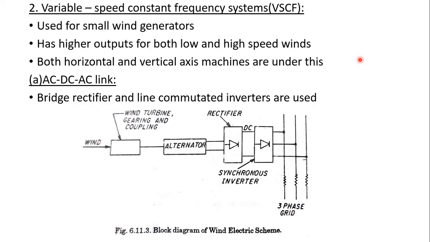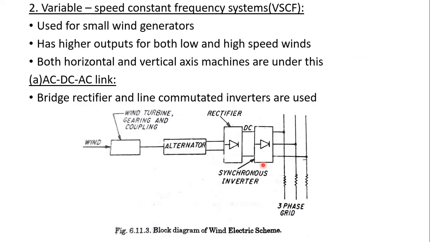The first one is the AC-DC-AC link. This is the block diagram of the AC-DC-AC link wind electric system. We are using high power thyristors and high voltage DC transmission systems.